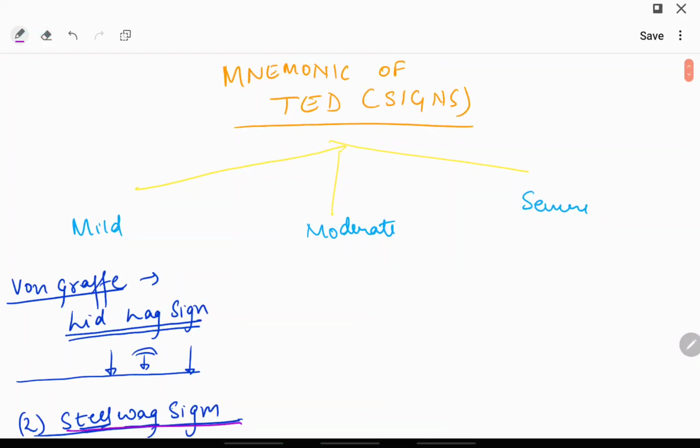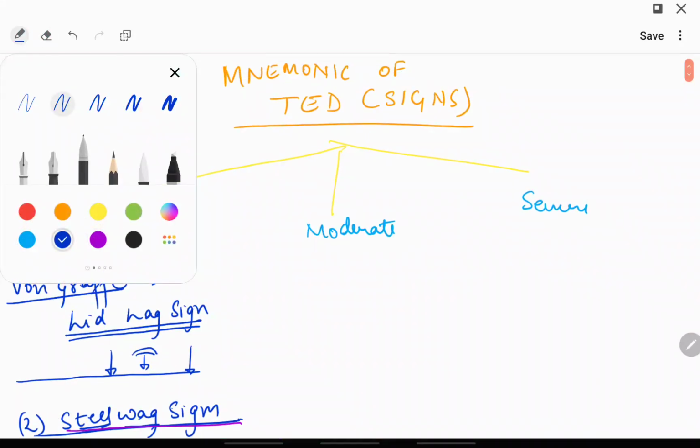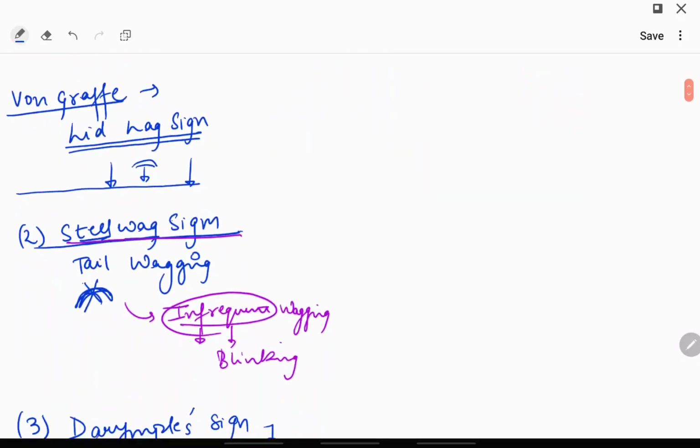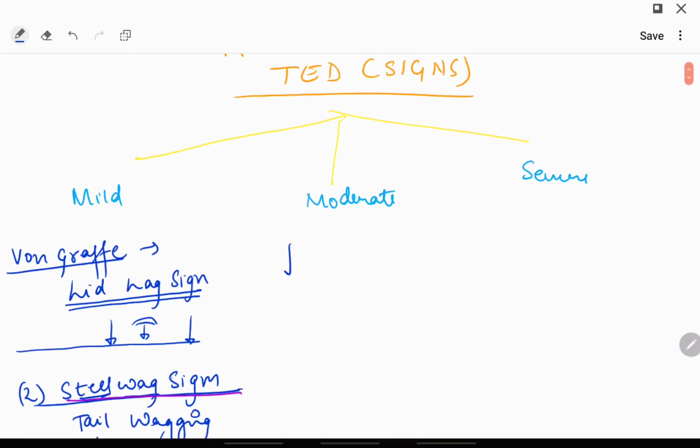Now coming to the moderate. Okay, so as I said, it is very simple. The VSD has happened, and there is the J, just married. Okay, so there is Joffroy's sign. Okay, so there are two ways to remember this.